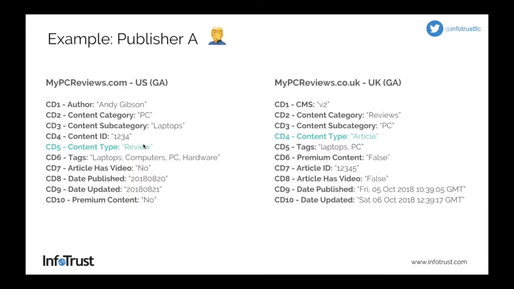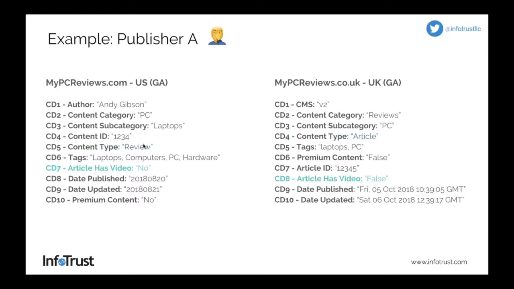So again, this is going to cause issues if the US team and the UK team are trying to compare their top pieces of content. The UK might lump all of their pieces of content into an article type, whereas the US team is breaking it out. The content type is article specific, but it's also broken down into review or buyer's guide or something like that.